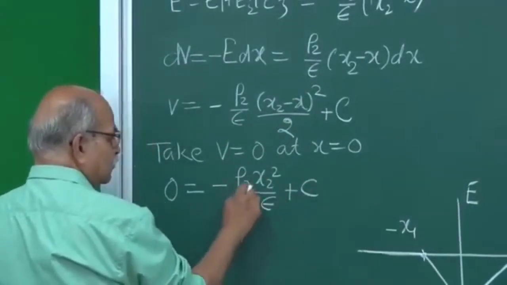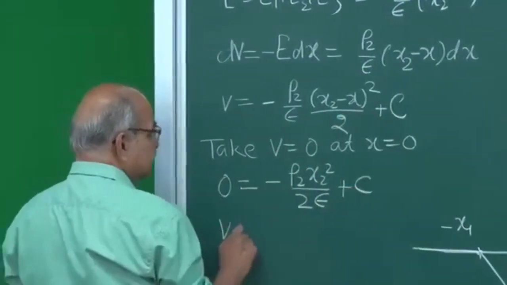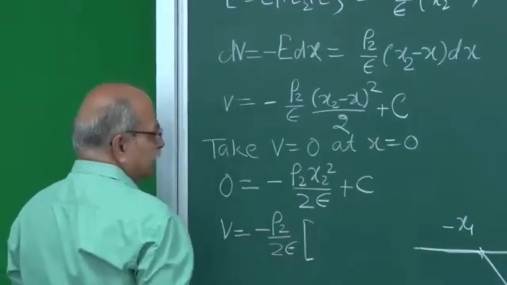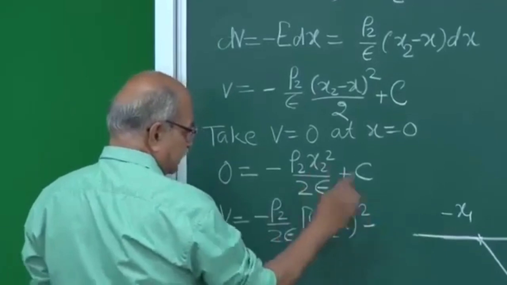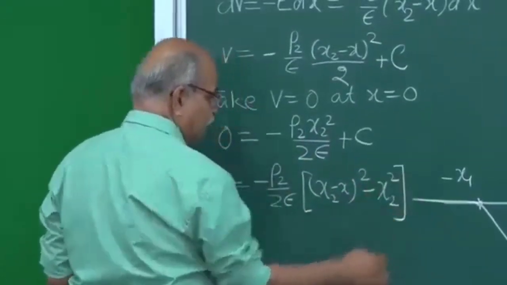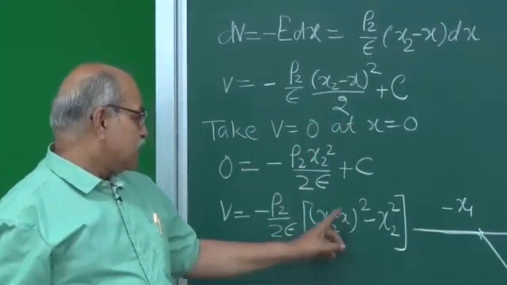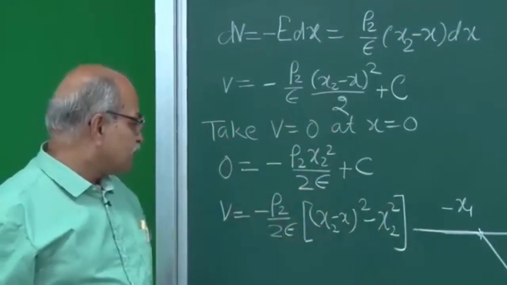So c is rho 2 x2 square by 2 epsilon. You put that c there, and you get V is equal to minus rho 2 over 2 epsilon, times x2 minus x whole square, minus x2 square. Let's check: at x equal to 0, V should be 0. It is x2 square minus x2 square, that is 0, that's fine. So we have substituted it correctly, and this is the expression for V.